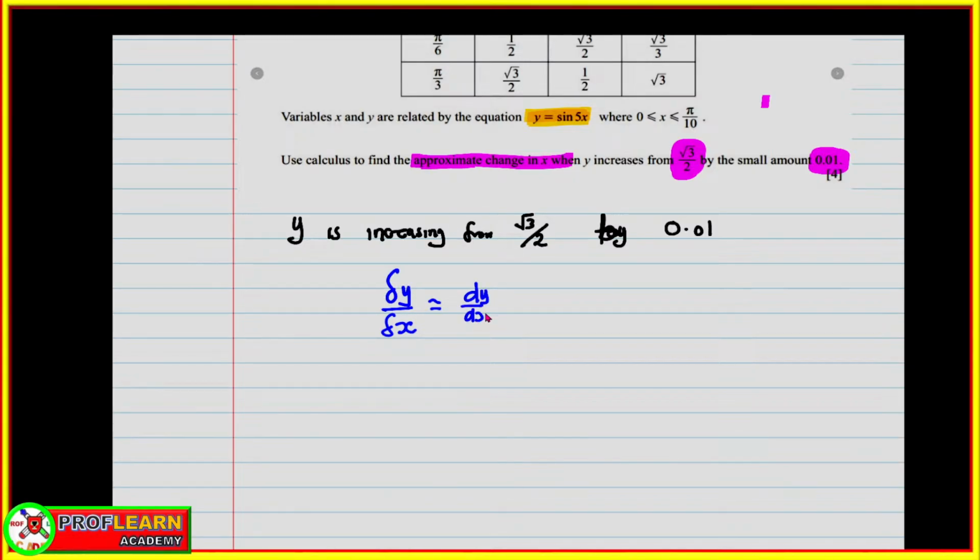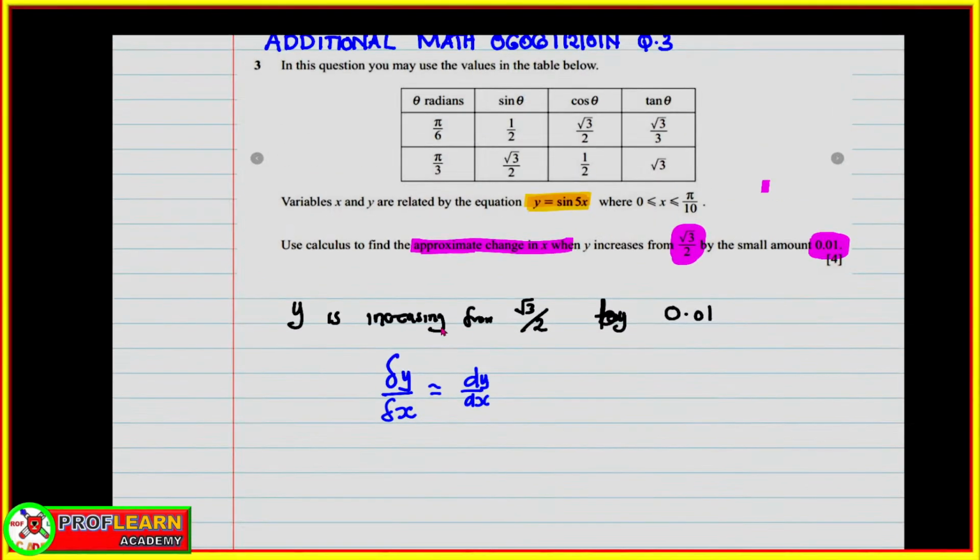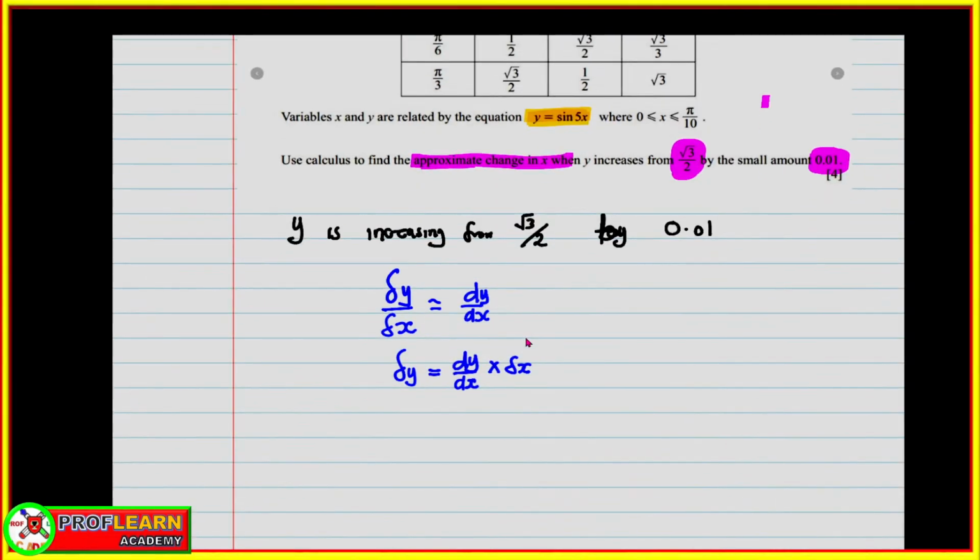That is the relation that we use, so that the small change in y is approximately dy/dx times the small change in x.